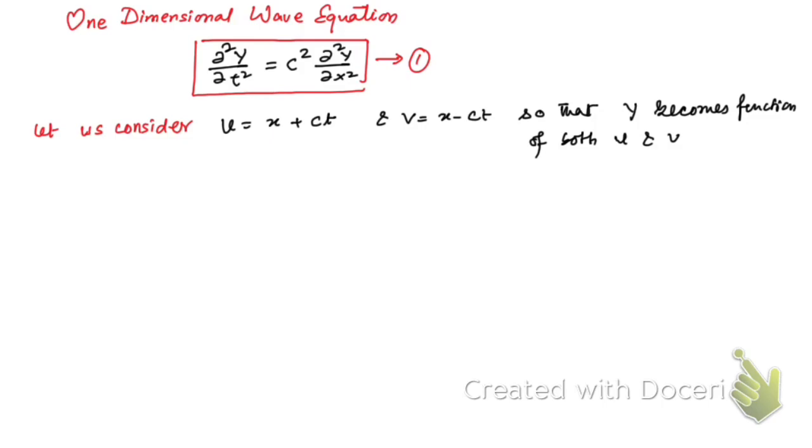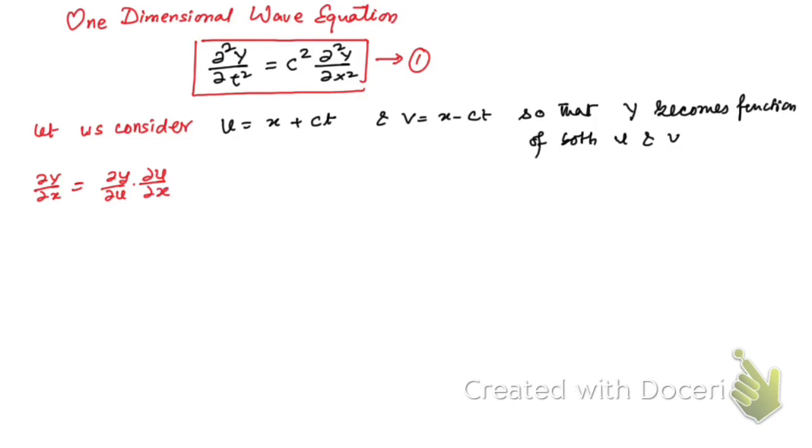Now you see what we can do here. We can write del y by del x as del y by del u into del u by del x.